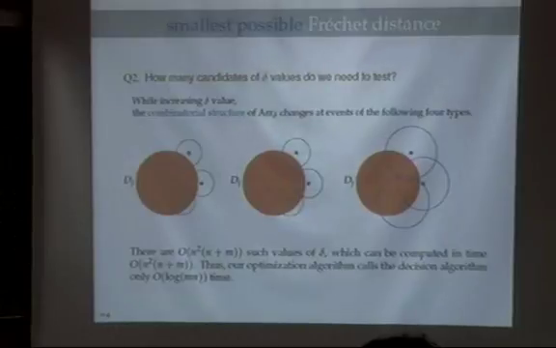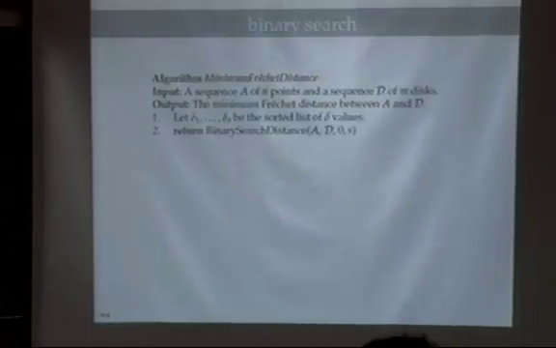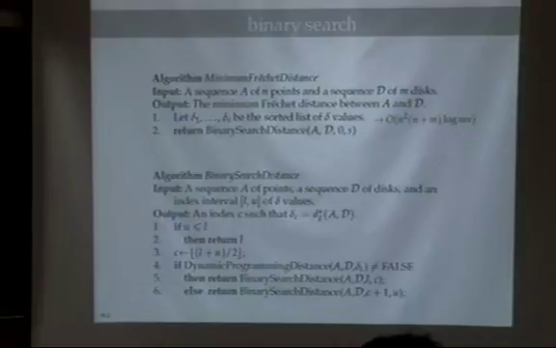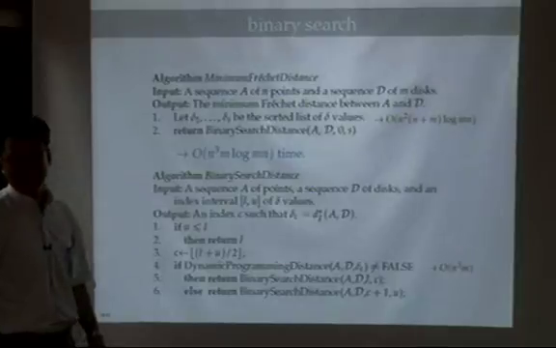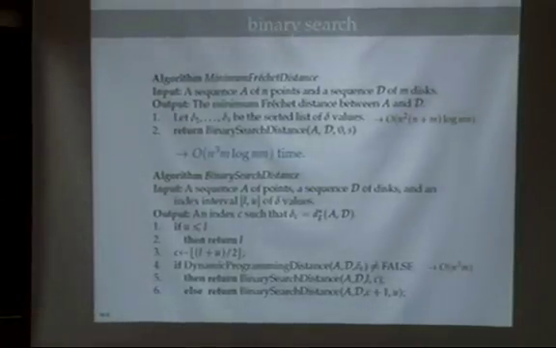So in total, the algorithm takes n cubic m log nm, which is still impractical because it's more than n cubic. But we have improved this now. In the plane, we removed the cubic even: nm log square nm time.